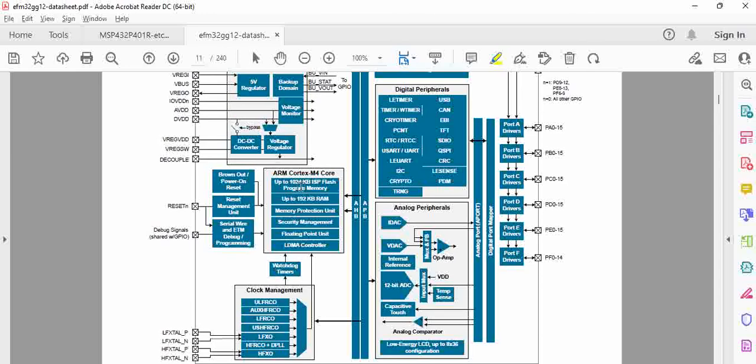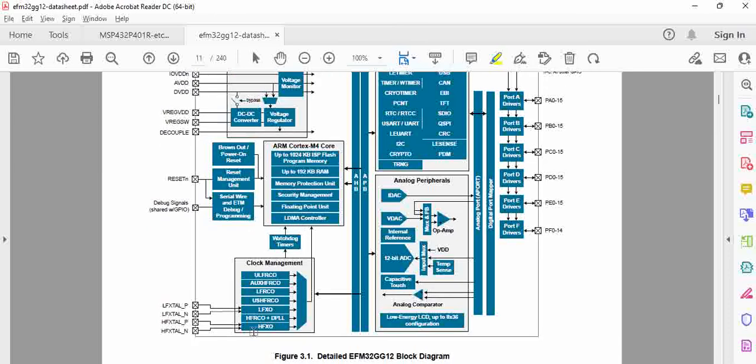Apart from that, you also have the reset pin, which goes to the reset management unit, and you have the JTAG signals for debug programming, which again go to the core. The core has 1024 KB of flash and 192 KB of RAM. This is very important, and it has a floating point unit option as well. And then the watchdog timer and clock management.